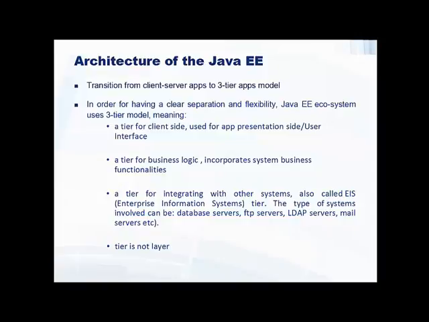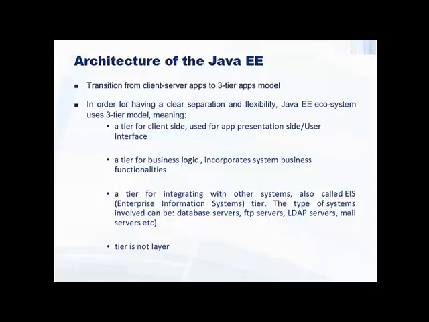Please make sure that a tier is not a layer. So a tier is a different concept from a layer. A tier is from the deployment perspective, from the machine perspective. So it has to do with the physical part, and the layer is a way of logically structuring a software system.